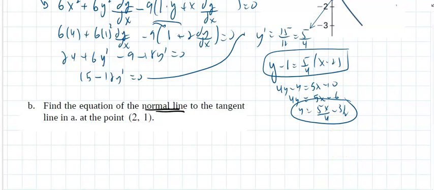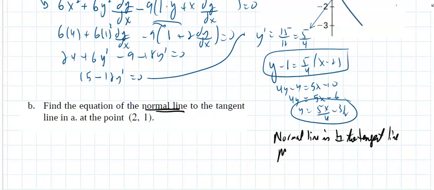Well, the definition of a normal line, it's not defined in the book as a theorem. A normal line is perpendicular to tangent line. And what do you know about perpendicular lines?